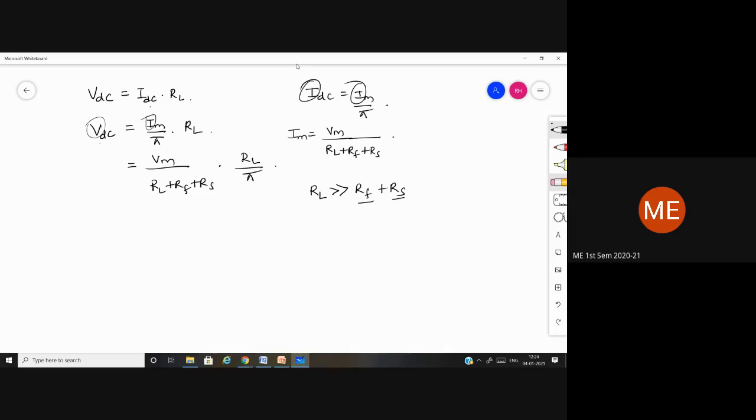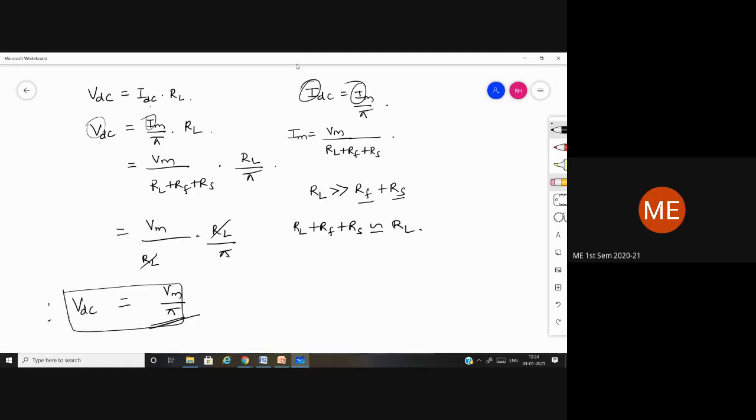On that basis, we can write RL plus RF plus RS is approximately equal to RL. So we can write VM by RL into RL by pi. RL gets cancelled, VM by pi. Therefore VDC is equal to VM by pi.